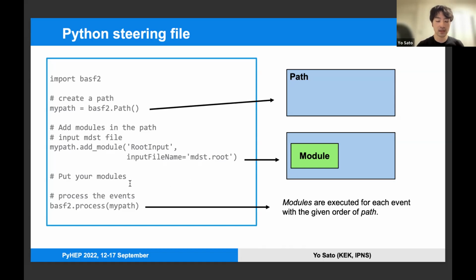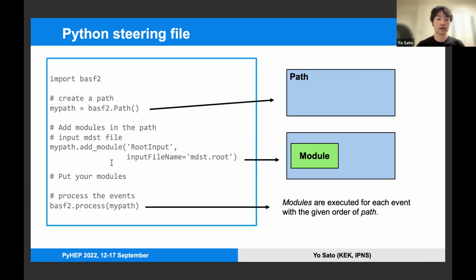And in this example, this root input module is called to read this mdst.root. So using this function, the module is registered in the path. And then one can add more modules in the path. Then finally, the process function is called for the given path. The modules are executed for each event with the given order of the path.